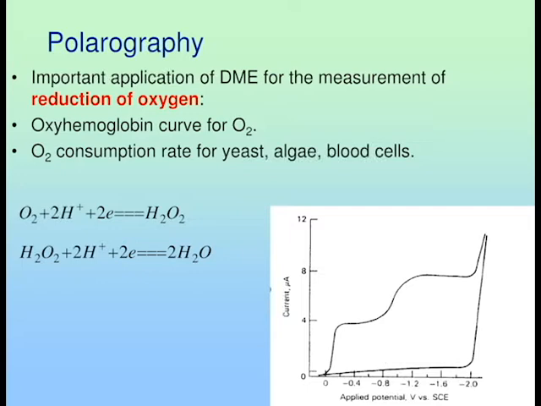This is before purging: first reduction process, then the second process. So this curve here, we purge the solution with what? Nitrogen. Are you following? Purge the solution with nitrogen, what happened to the line now? No more signal. So in contrast, what can you mention about the properties of nitrogen?